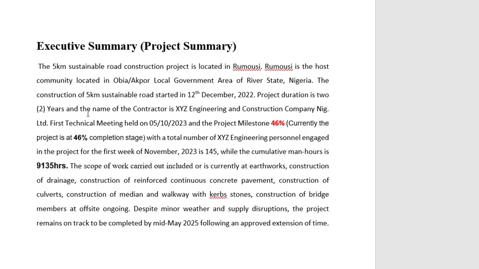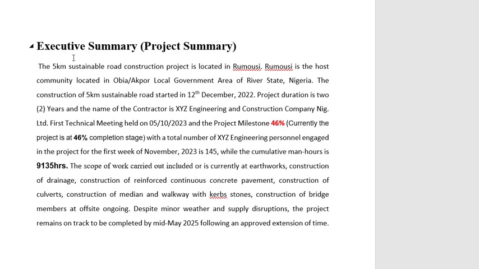You can see the name of the client, the duration of the project, a 2 year project. You see the name of the contractor. You see the date the first kickoff meeting started, the milestone, the man hours, the number of personnel involved in the project, and the scope of the project is also highlighted here.